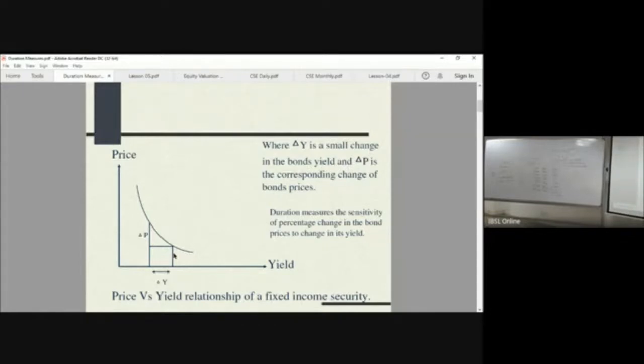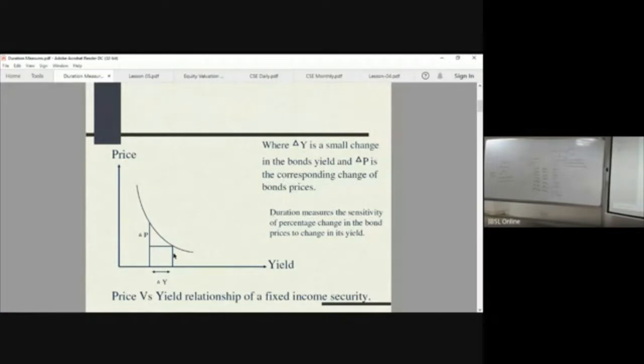The duration measure is made on the assumption that the interest rate difference is small. Why do we have that assumption? Don't we have a straight line there? If the interest rate change is so high, then it is not a straight line. It will become a curve. Then since our assumptions are not true, our results also will not be.